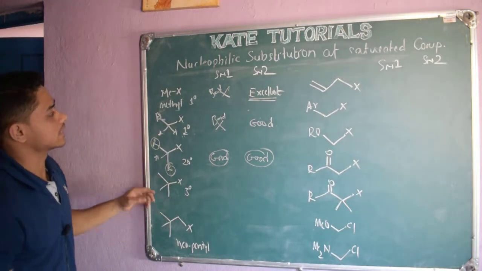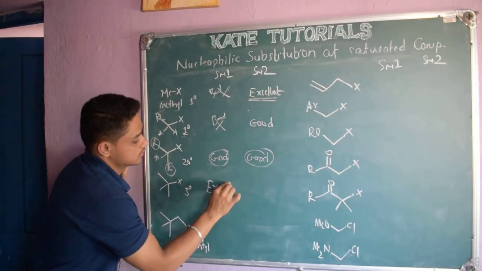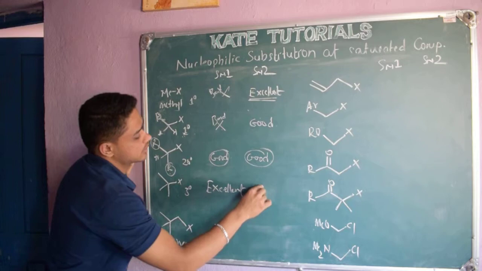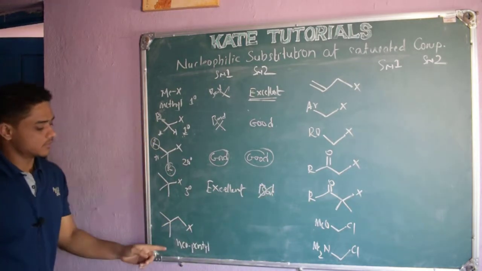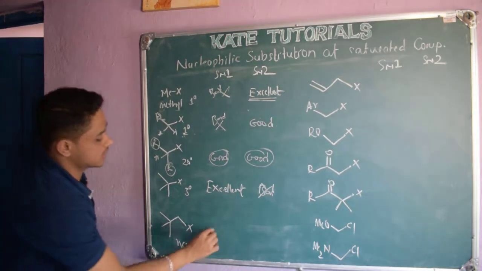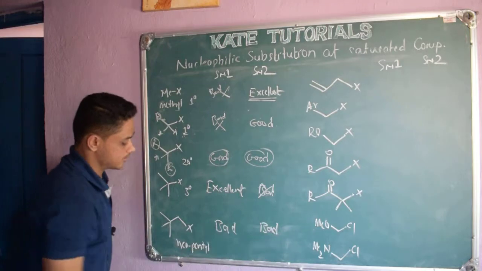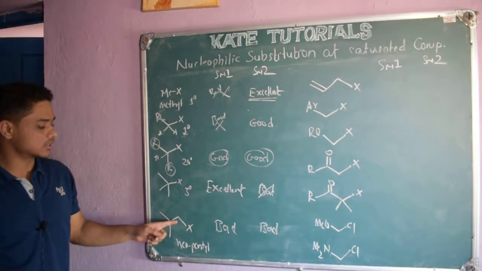So tertiary is excellent for SN1, but for SN2 it is very bad. It won't react. This neopentane is also bad for SN2, because this carbon is primary, no doubt, but it has steric hindrance.